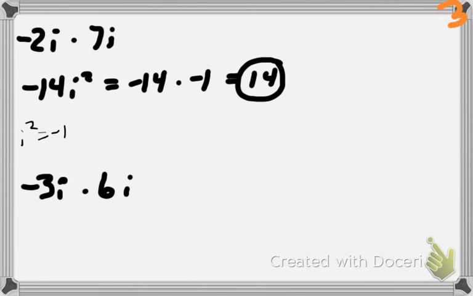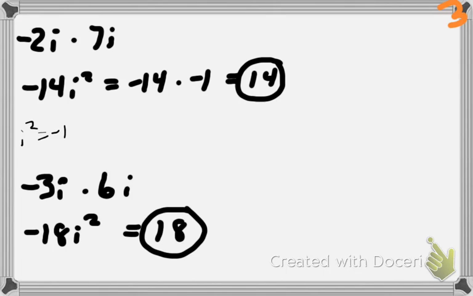Negative 3i times 6i is negative 18i squared. i squared is equal to negative 1. And so negative 18 times negative 1 is 18. Questions there?